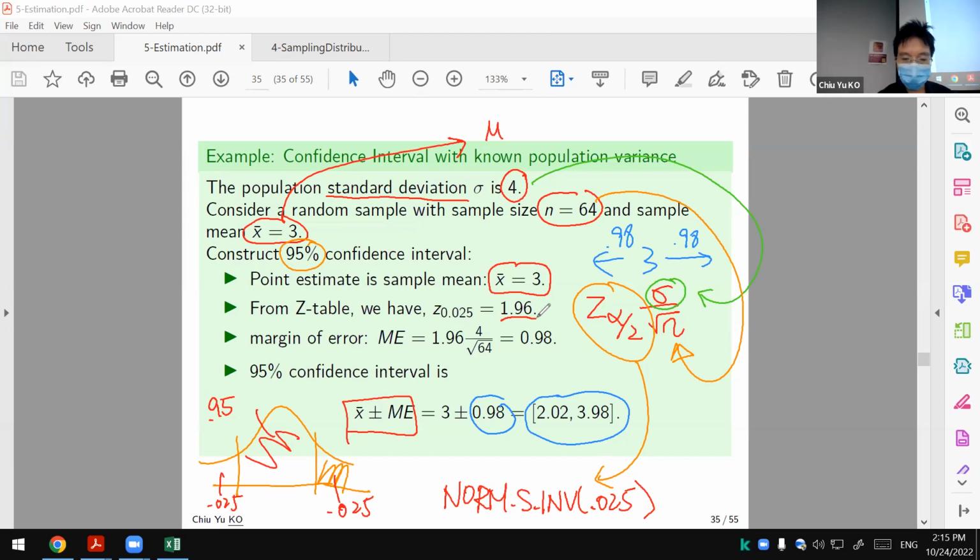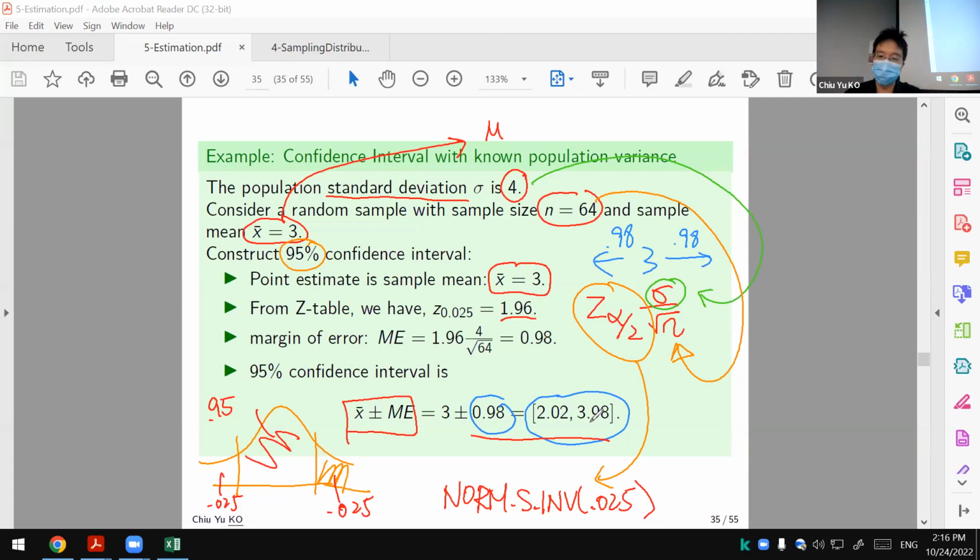So when we plug in the data, this tells us, if you ask me to guess the population mean, I have confidence at 95% that it is between 2 and 4. The best guess to me is 3, and I would say it is between 2 and 4. And of course, the narrower the interval, the better, right?